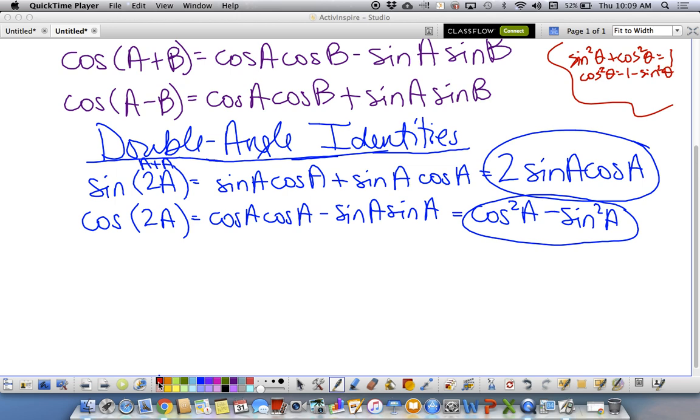So I'm going to take that cosine squared and put it in, and we're going to have another formula. Instead of cosine squared A minus sine squared A, I'm going to rewrite it as 1 minus sine squared theta minus sine squared theta.